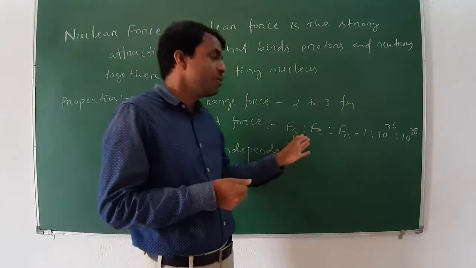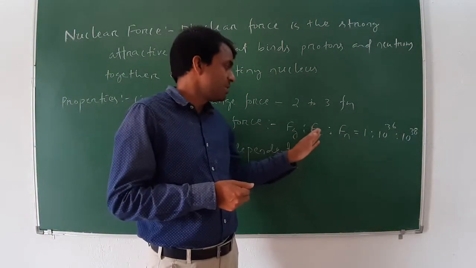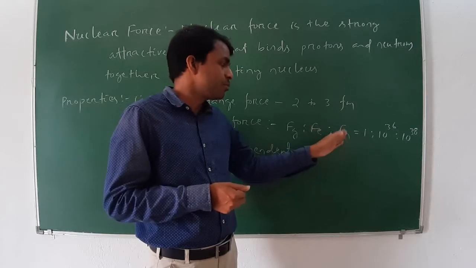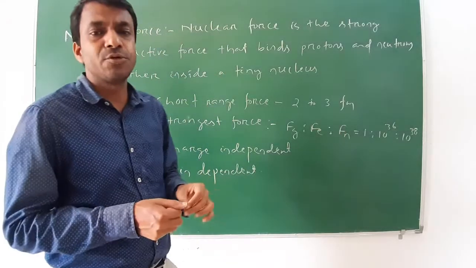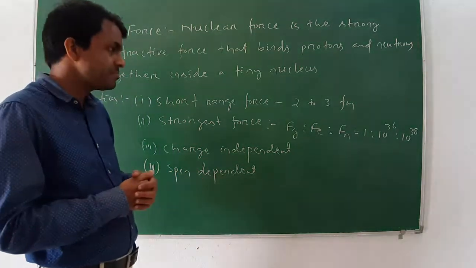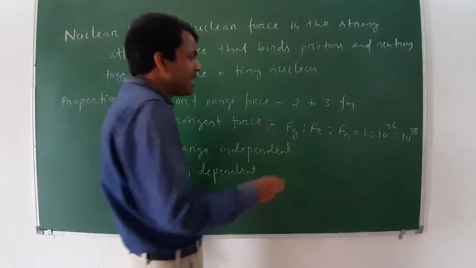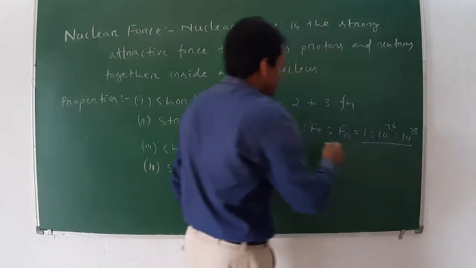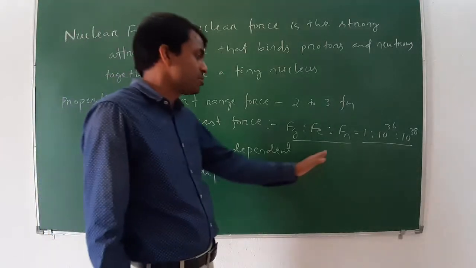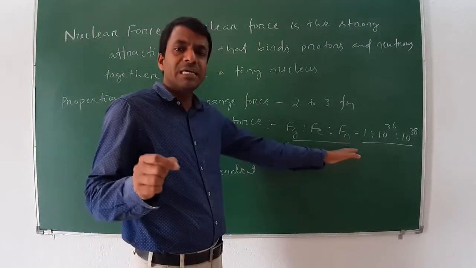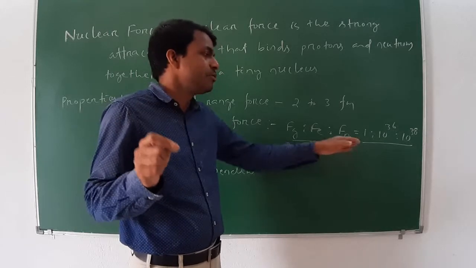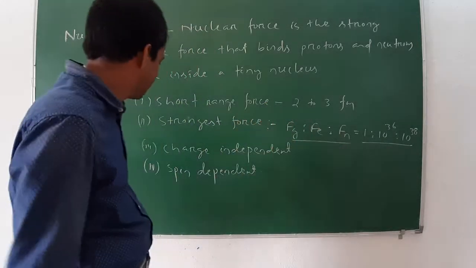Means the ratio of gravitational force to electrostatic force to nuclear force equals 1 is to 10 to the power 36 is to 10 to the power 38. From this ratio we can confirm that the nuclear force is the strongest force.